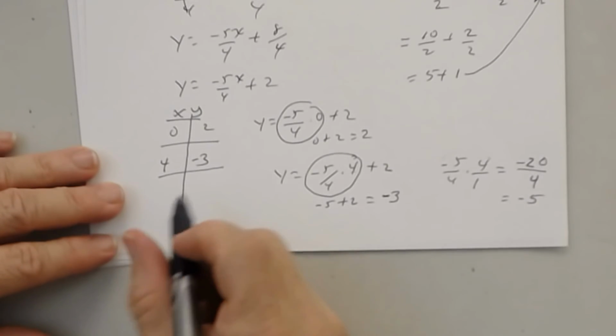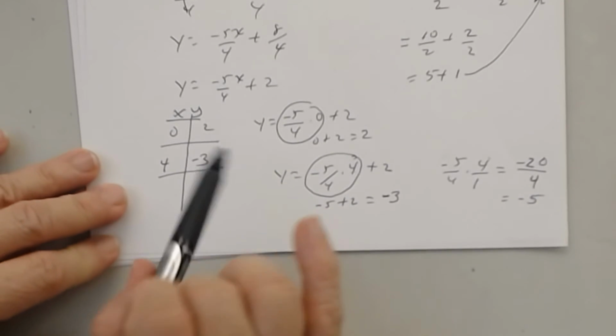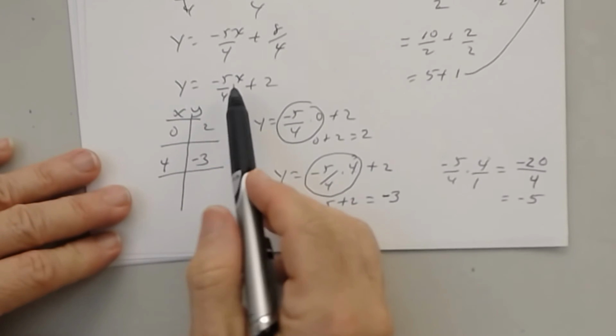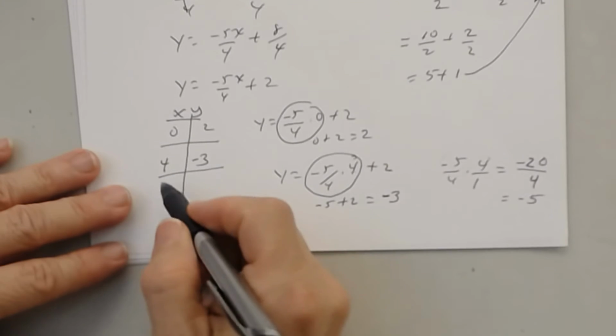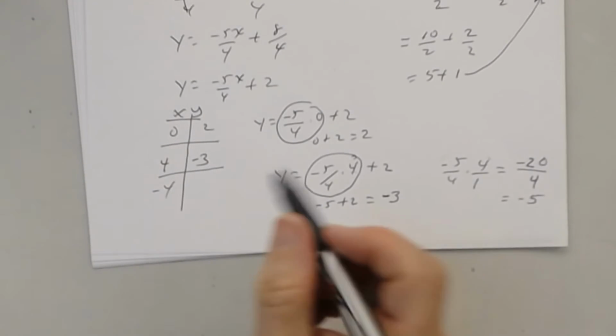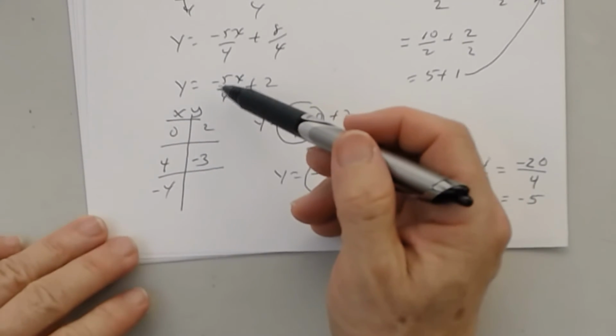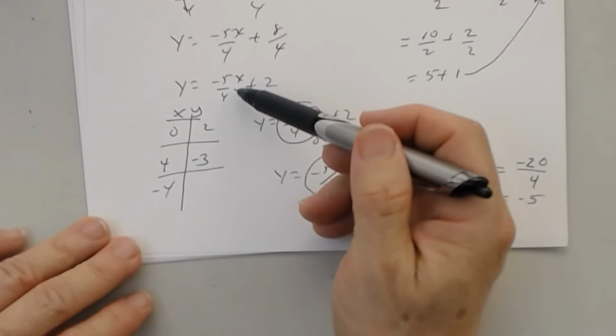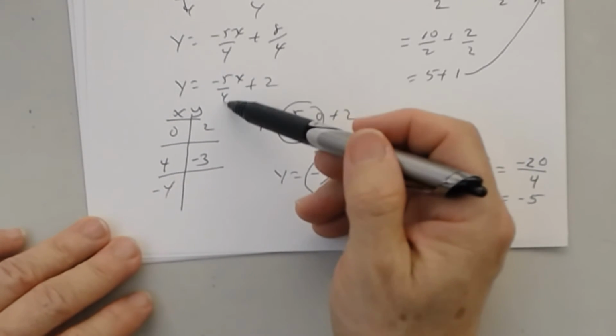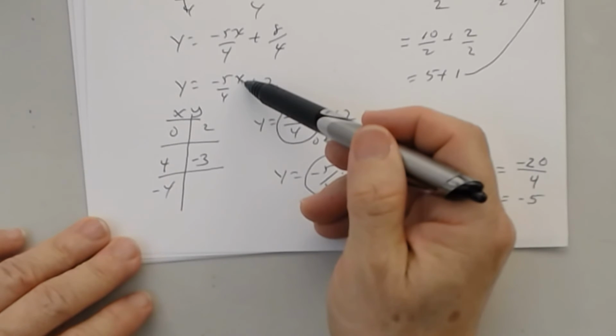Negative 4. Yeah, I think 8 would be outside that grid possibly. No, I mean, 8 would still work. We could use 8, but let's do -4. 8 would work because look, what's negative 5/4 times 8? Negative 5/4 times 8 is negative 40 over 4, which is negative 10.